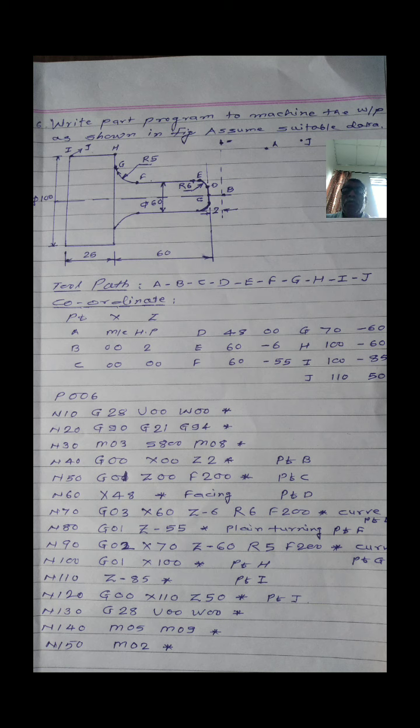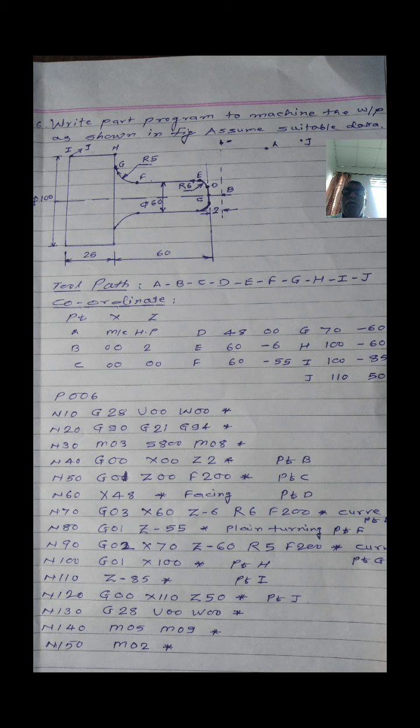Therefore, in the next block, block number 90, N90, G02, and mention the coordinates of the point G. The coordinates of point G are X70, Z minus 60. Therefore N90, G02, X70, Z minus 60, and the radius of the curve is R5, and F200, that is the curve turning or radius turning between the points F and G. Is it okay?